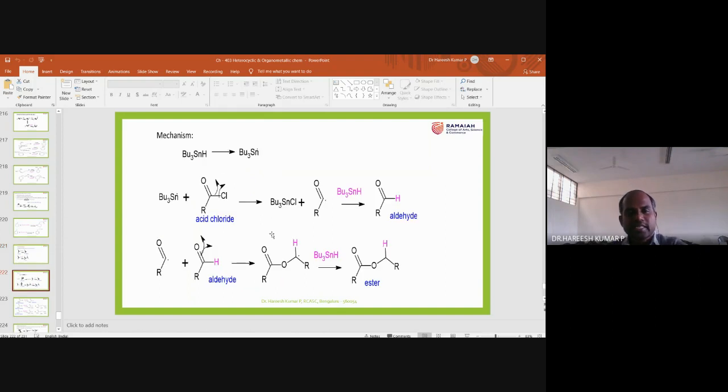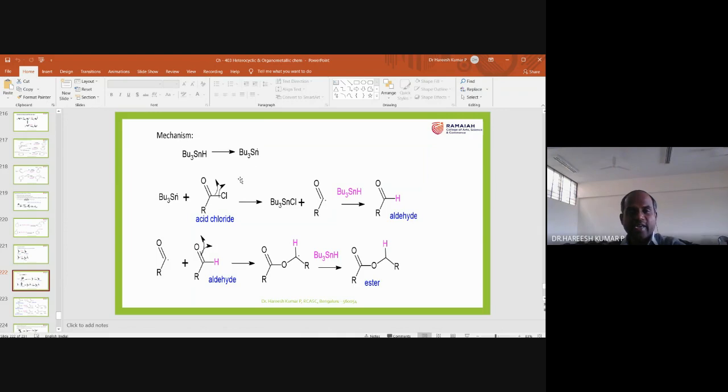So look here, next I am explaining about the mechanism. So this tributyl tin hydride, when it is exposed to light or a radical initiator, the radical initiator will create a radical. That radical reacts with the tributyl tin hydride, and that gives you tributyl tin radical.